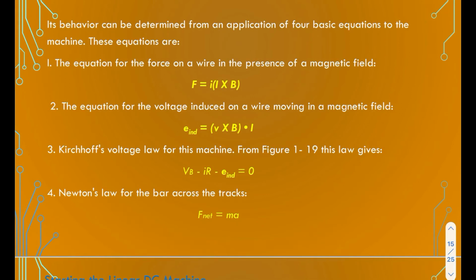The first one is the equation for the force: F equal i multiply l B. The second equation is for the voltage induced on a wire, e induced equal v B multiply l. The third one is Kirchhoff's voltage law for the machine, VB minus iR minus e induced equals 0. And the fourth one is Newton's law for the bar, F net equal m multiply a, mass times acceleration.